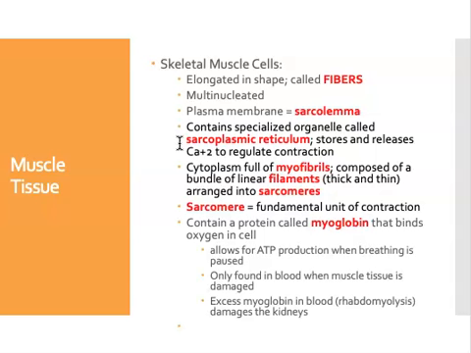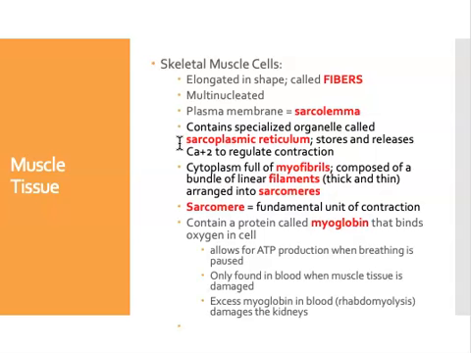When we look into a muscle fiber, the majority of the cytoplasm is full of structures called myofibrils. These are elongated linear structures, and they help to give muscle fibers their elongated shape. Each one of these myofibrils is made out of a bundle of linear filaments. These are both thick and thin filaments, and they are arranged into structures called sarcomeres.